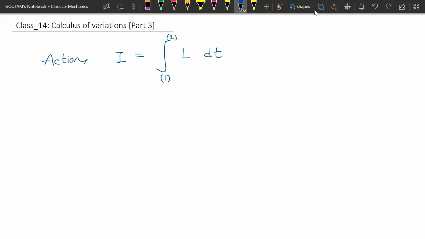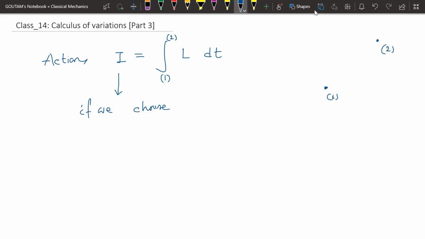And if we want to extremize, so if we choose point 1 and point 2 in the space of generalized coordinates, these two points represent two different times, let's say time t1 and time t2.